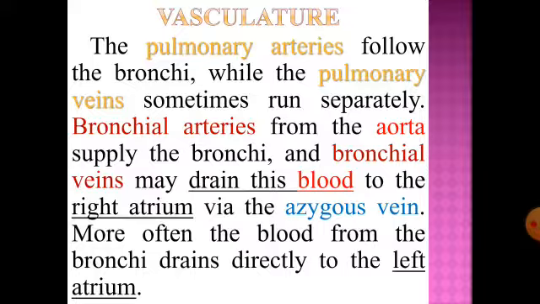Bronchial arteries from the aorta supply the bronchi, and bronchial veins may drain this blood to the right atrium via the azygos vein. More often, the blood from the bronchi drains directly to the left atrium.